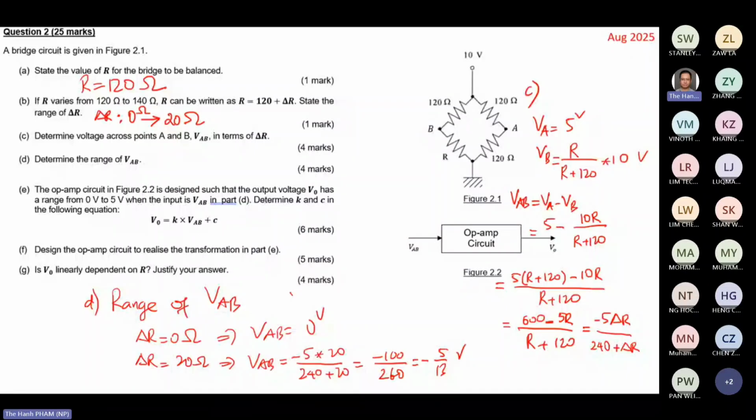Then he designed a circuit implementation. We done all this before. Let me show you.